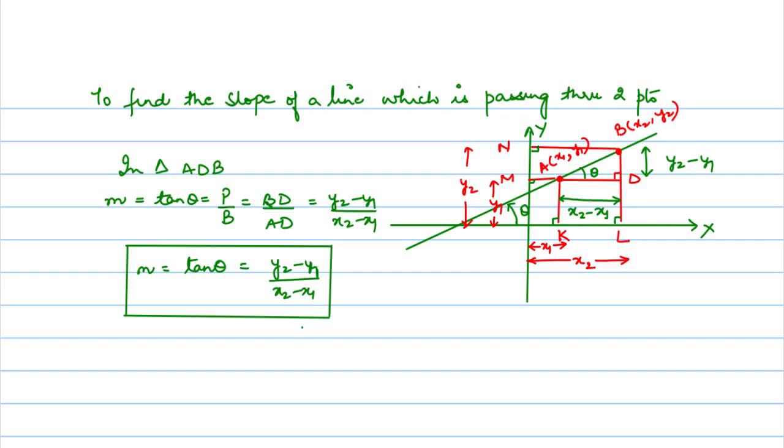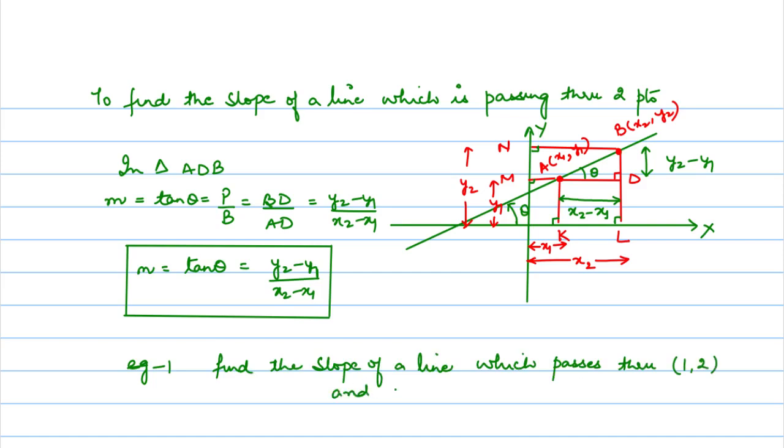For example, let's say we have to find the slope of a line which passes through 1, 2 and let's say minus 3, 4.